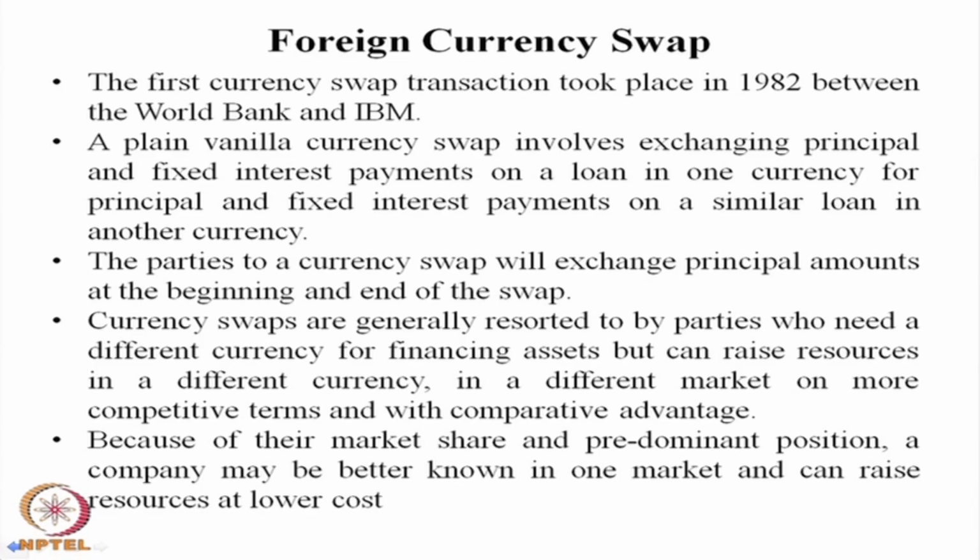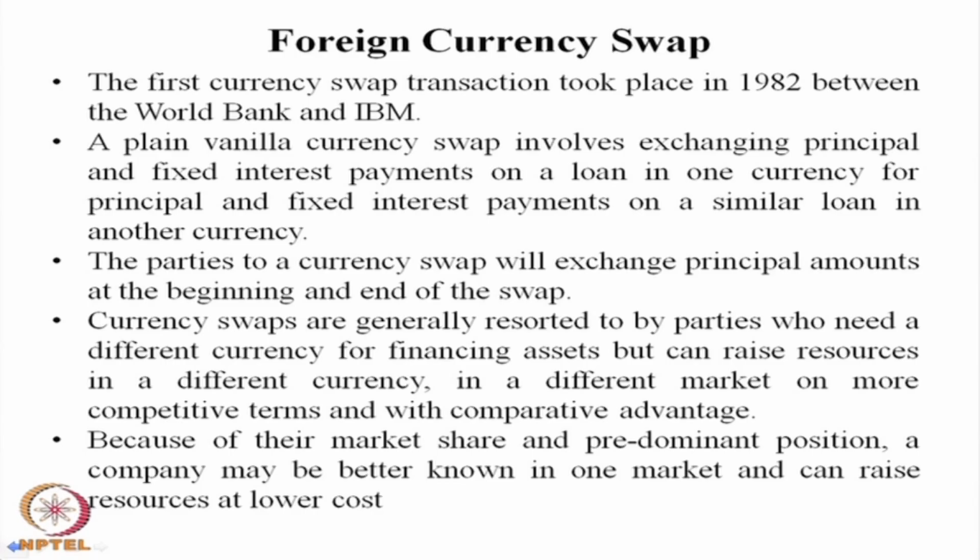The underlying asset is currency, two different currencies, and the basic payments are principal exchange and also interest payment exchange, which are denominated in two different currencies. That is the basic transaction process of a currency swap.